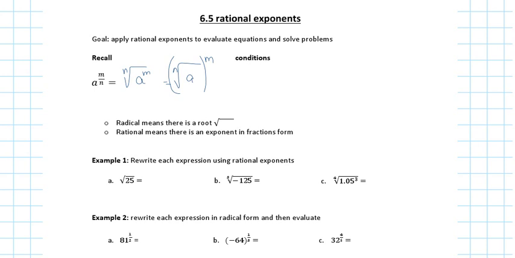Integer means a whole number. n is an integer greater than 0. n can be any number as long as it's a whole number. a has to be greater than or equal to 0. So it has to be positive if n is even.